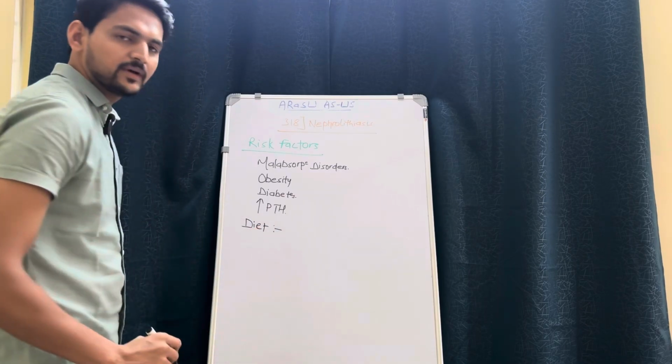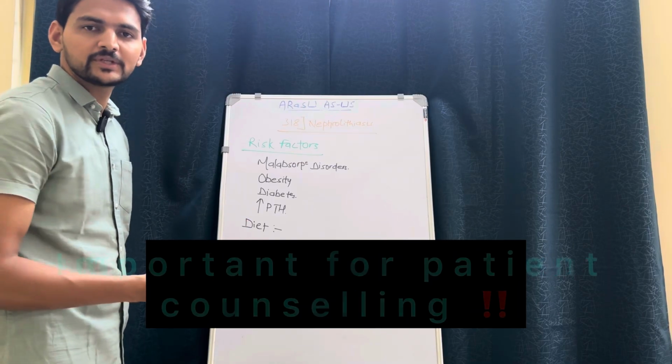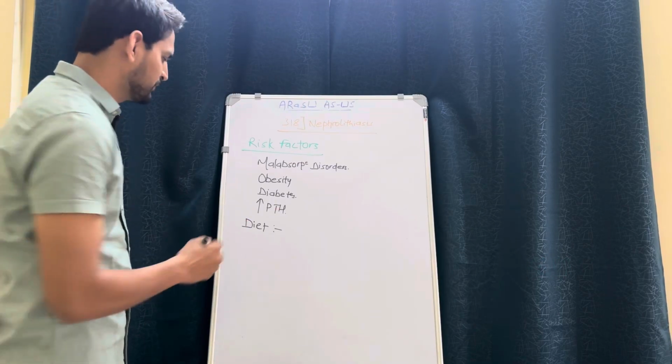And when it comes to diet, there are some food products which will increase the risk of stone formation, and there are a few which can reduce stone formation risk.